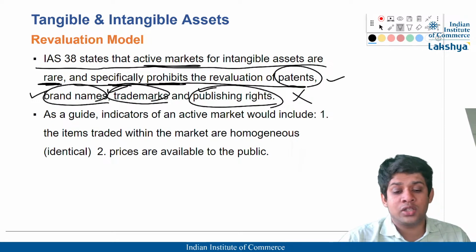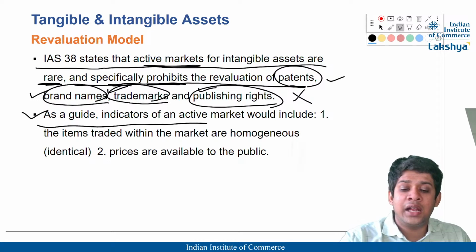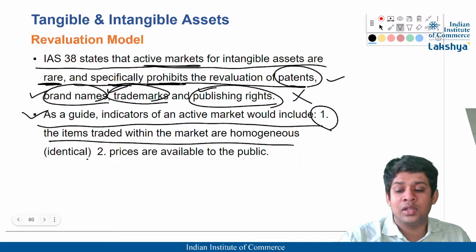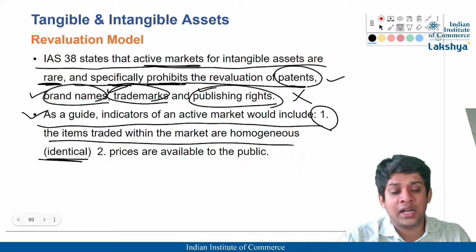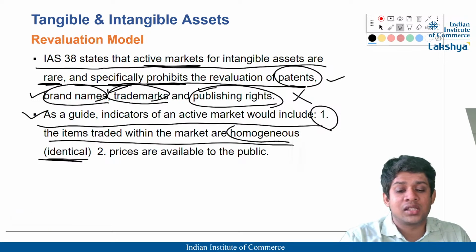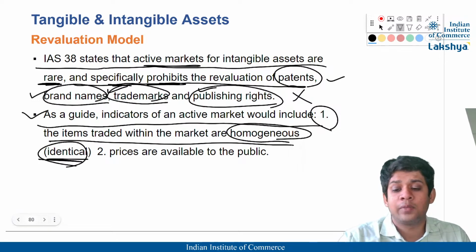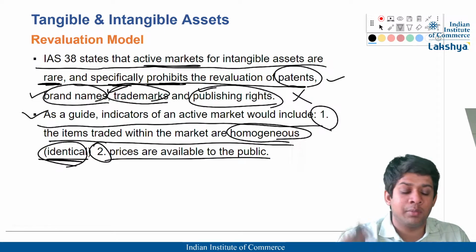Whatever is their original cost, they will stay at their original cost. As a guide, indicators of an active market would include, first, the items traded are homogeneous or identical. That means there is a similar iPhone 13 that I will find in the market. There are many such homogeneous products, so that would indicate that yes, it is an active market. And secondly, prices are available to the public, which I already explained.